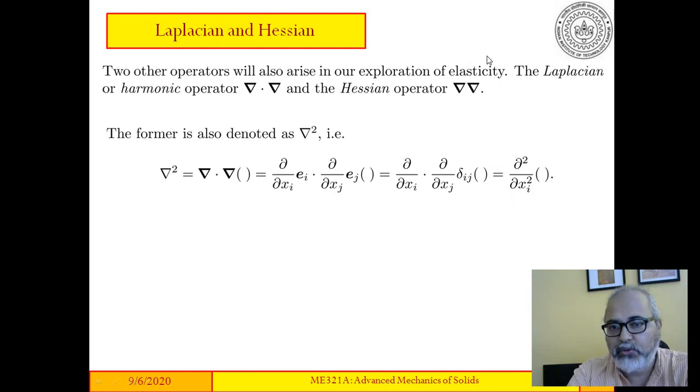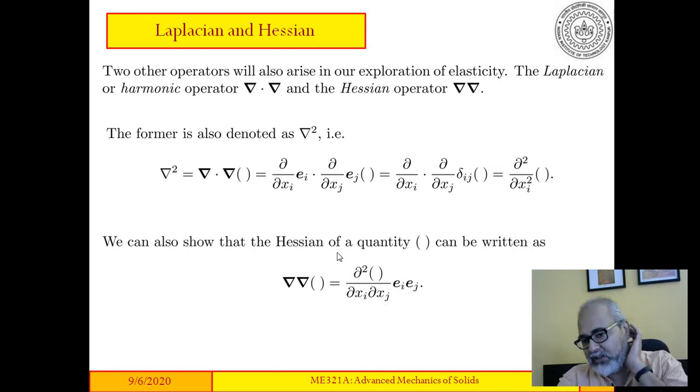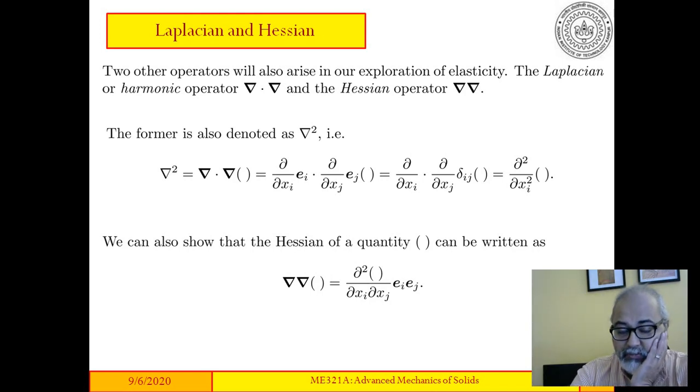The Hessian, as you can imagine, involves two vectors and you have the direct product of them. So what you are getting is a second order tensor. That's the difference between the two. For the Hessian, you get the second derivative with respect to x_i, x_j, e_i e_j, a second order tensor. We don't use the Hessian too much in this course, but it's very important for elasticity theory.